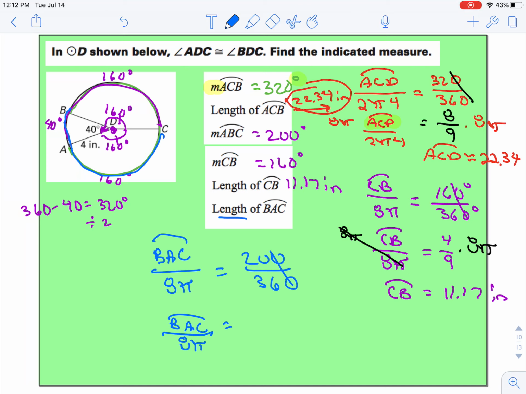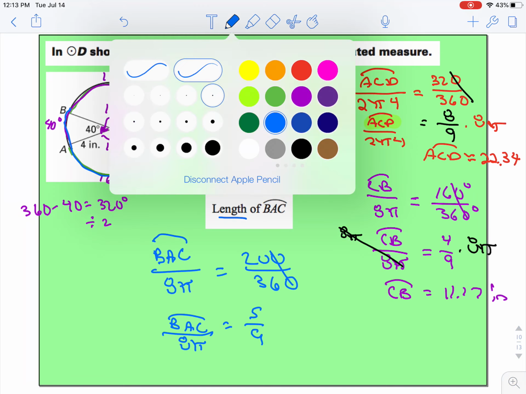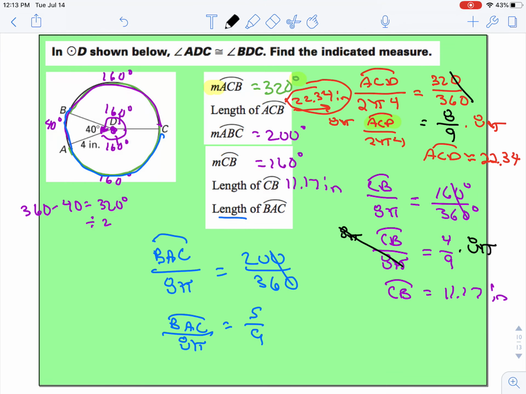Again, I can reduce this fraction. So arc BAC, its length, divided by 8 pi is equal to, let's see, I can divide by 2, that would give me 10, divide by 2, that would give me 18, or I could divide by 4, that would give me 5/9. So now I'm going to multiply each side by that 8 pi again.